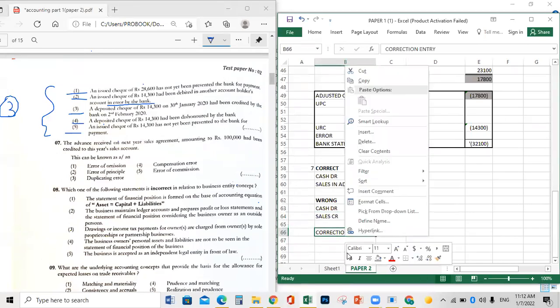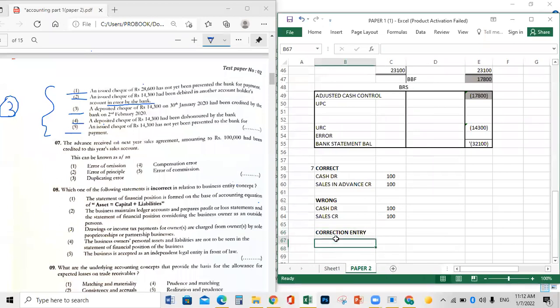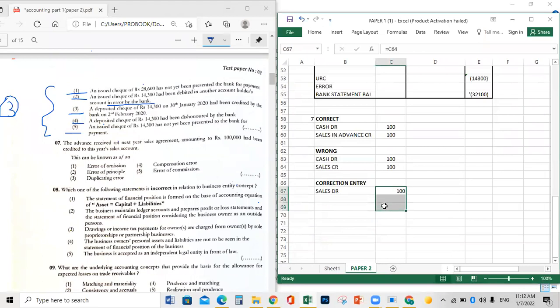To correct it, what should I do? Debit sales. Sales account debit. Debit your sales because it's wrong, guys. They have credited it. To correct it, you have to debit your sales. And then you record the correct entry. What's the correct entry?